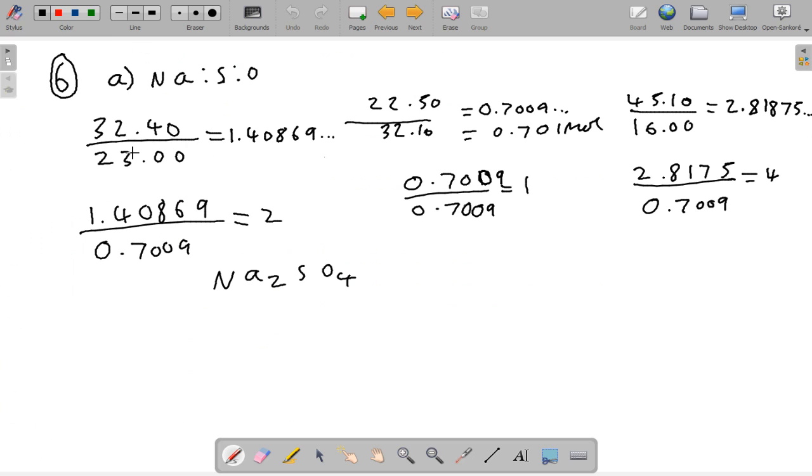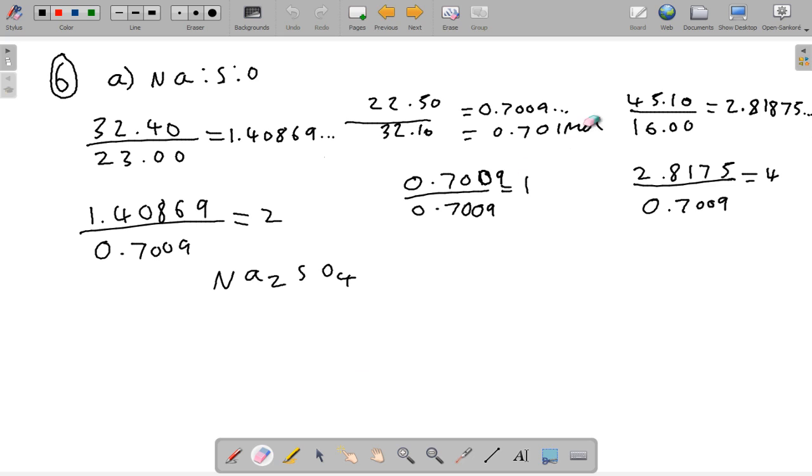So for 6A, the ratios are sodium to sulfur to oxygen. So we have 32.4 grams of sodium. We get 1.40869 moles, and 22.5 over 32.1 molecular mass of sulfur, and we get 0.7009 moles.